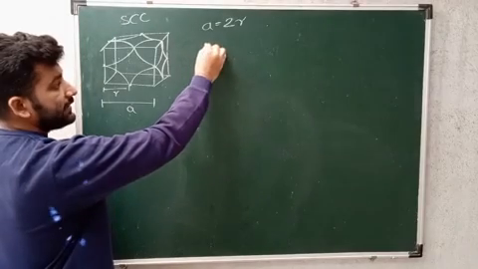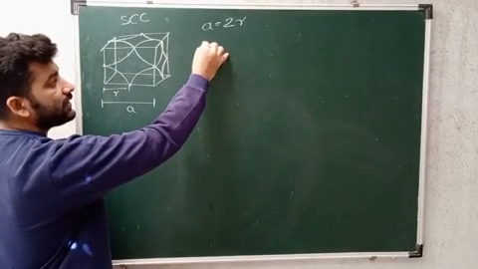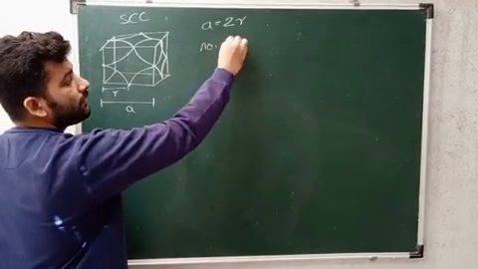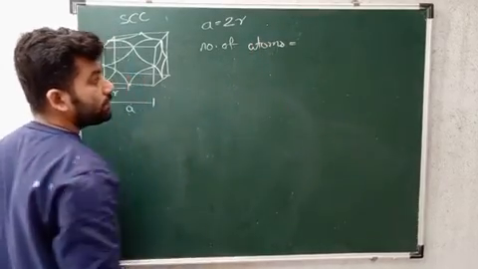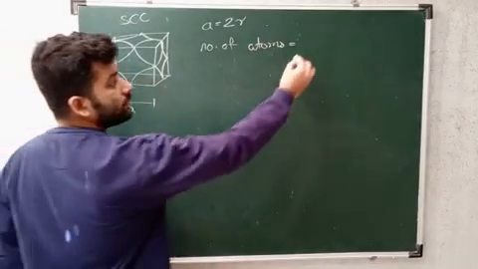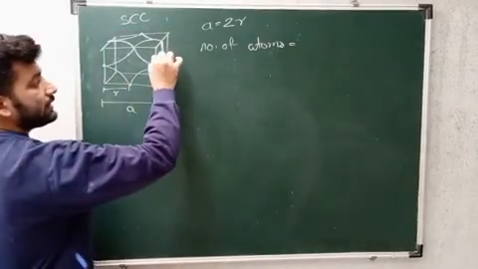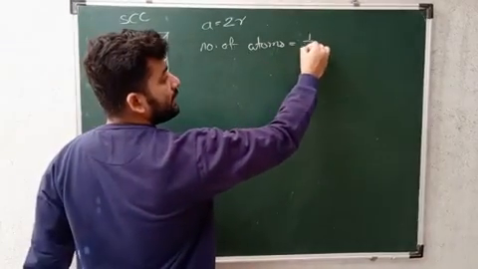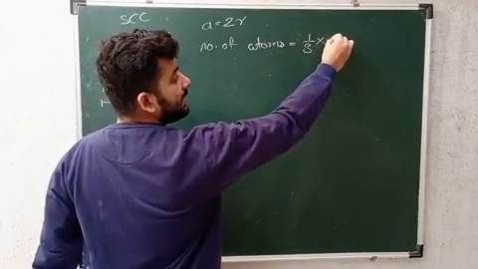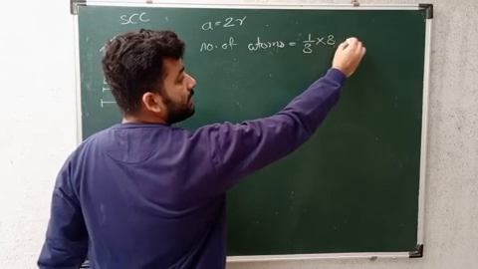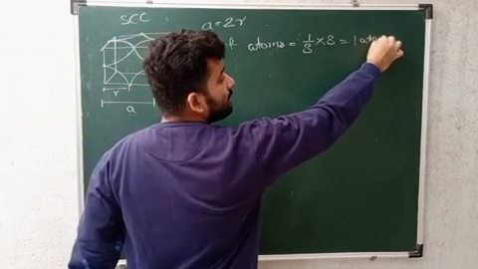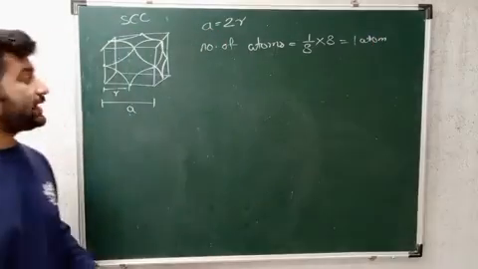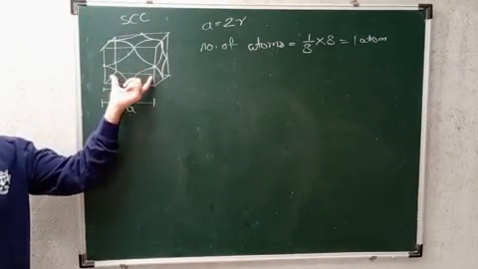Before moving to that, first we will find out the total number of atoms. How many atoms are there? There is one atom at each corner and there are a total of 8 corners. So in all there is one atom present in this whole cube.